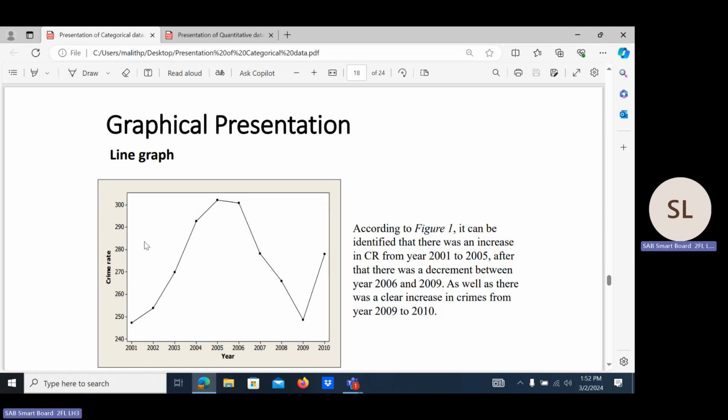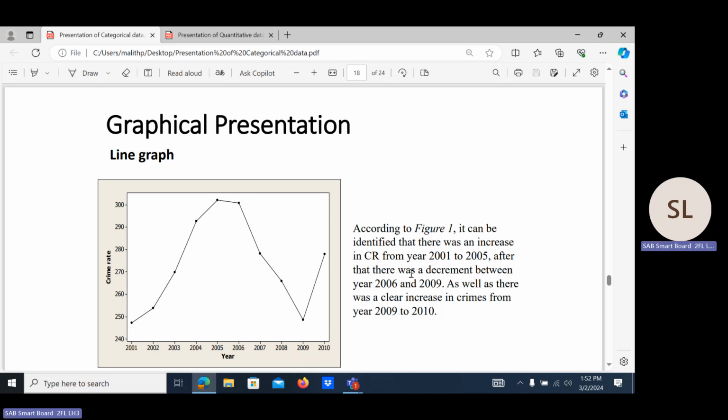when we have a data set and those data change according to their time schedule. Then we use what? Line graph to represent the data set. In here, this one shows that there was an increase in CR from year 2001 to 2005.